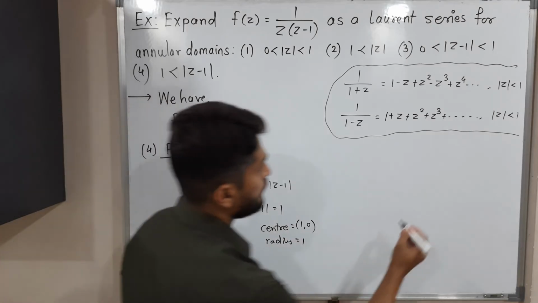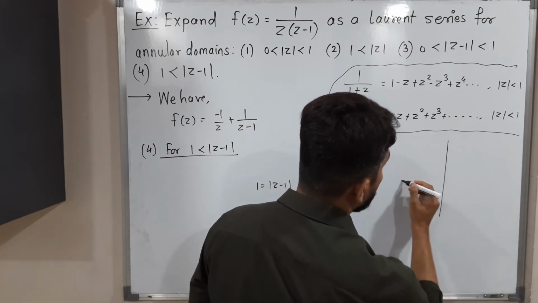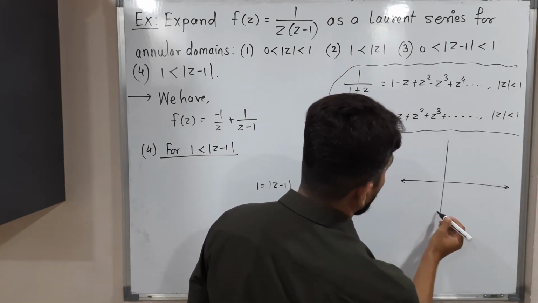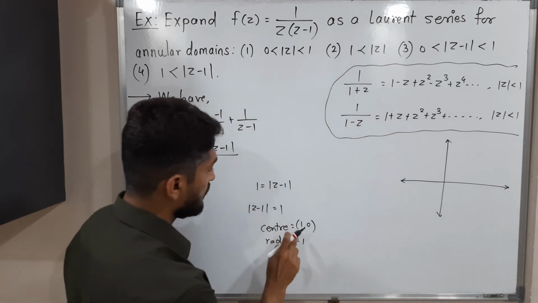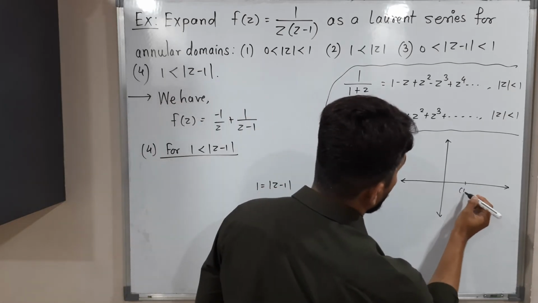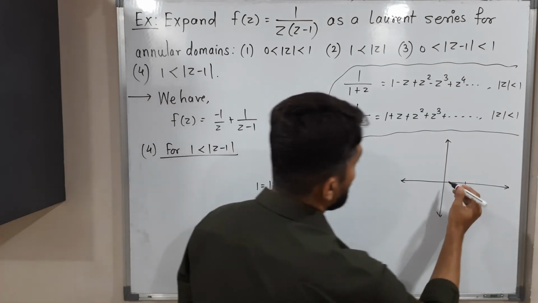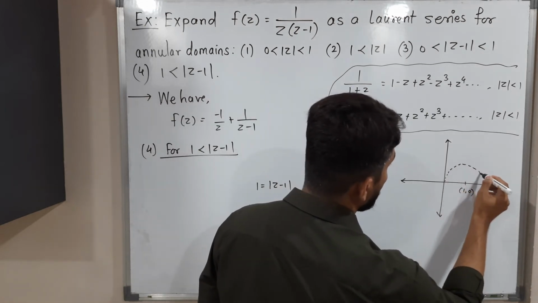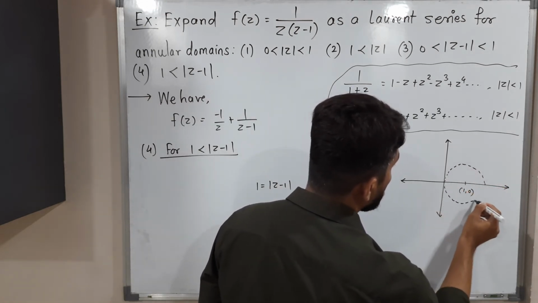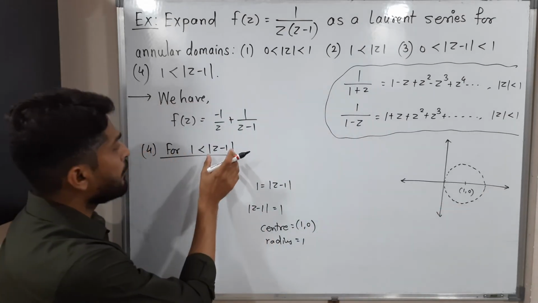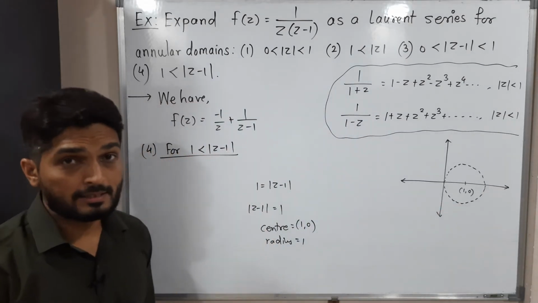You can see. Let me draw the diagram. Imaginary axis, real axis. Okay. Center 1 comma 0. It will be here, 1 comma 0. And radius is 1. So let me draw the circle. We had got the same circle last time, right? But see what is the difference? Here we have mod z minus 1 greater than 1.